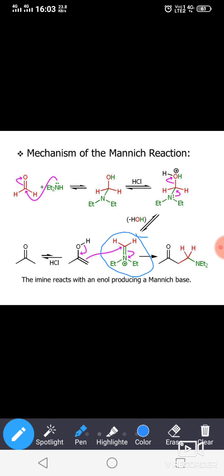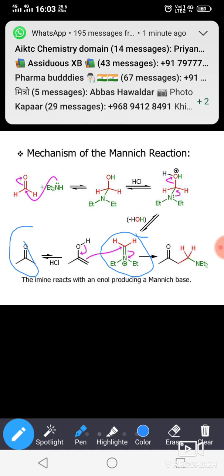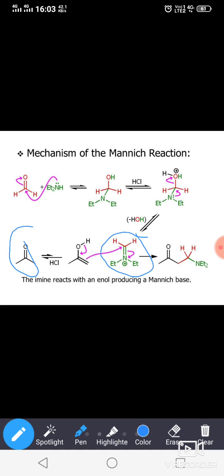So once you have got this iminium structure, you also have the enolizable carbonyl compound. Here we have added acetone as an enolizable carbonyl compound. Now if you add the acid catalyst to the acetone, it will form the enol.